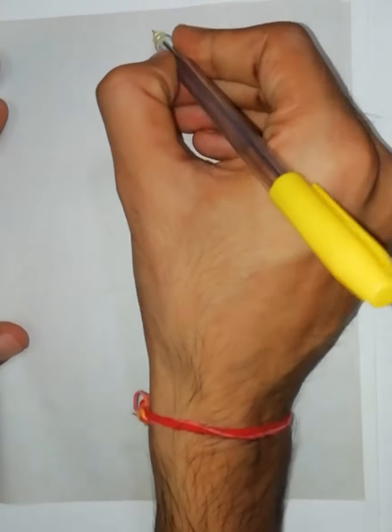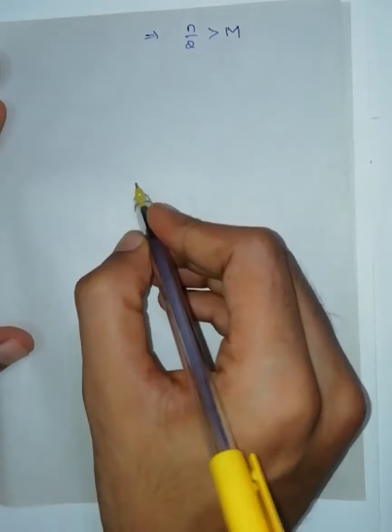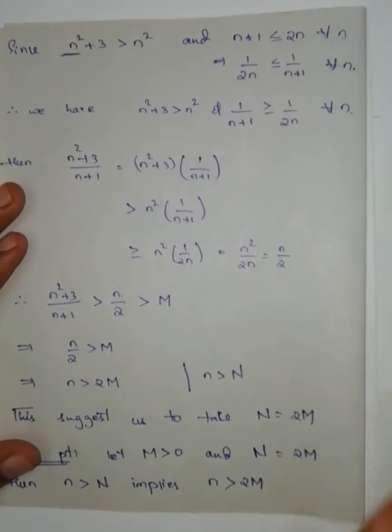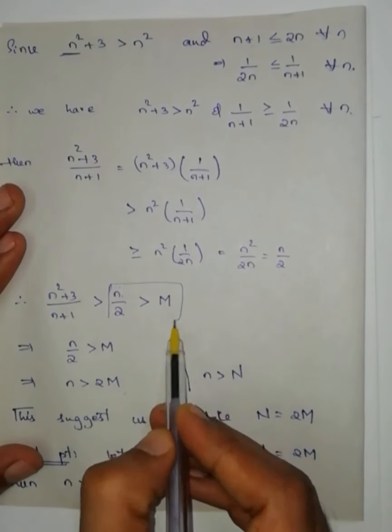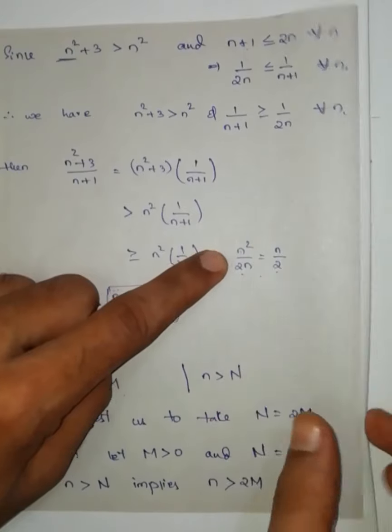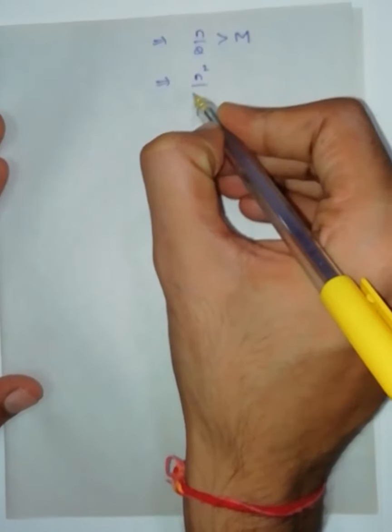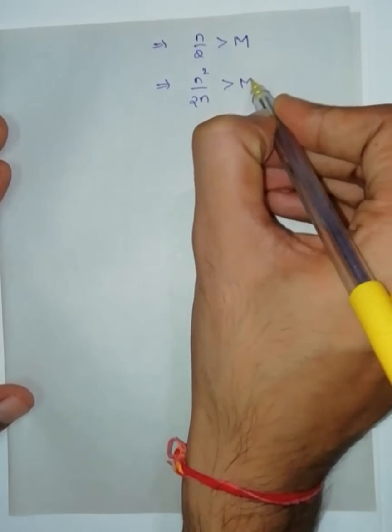What you will get? n/2 is greater than capital M. Now I got this step. Now n/2 can be written as n²/(2n). n²/(2n) is greater than capital M.